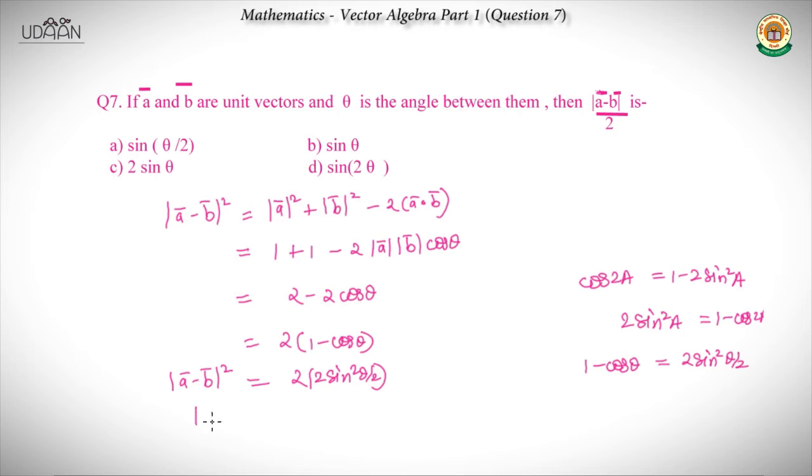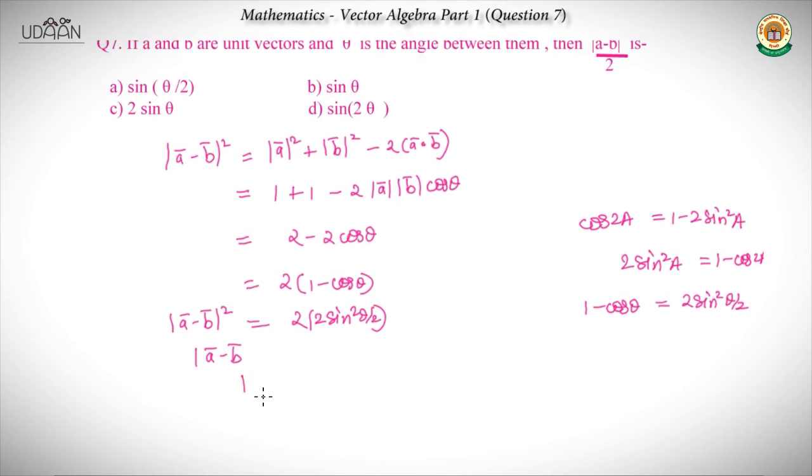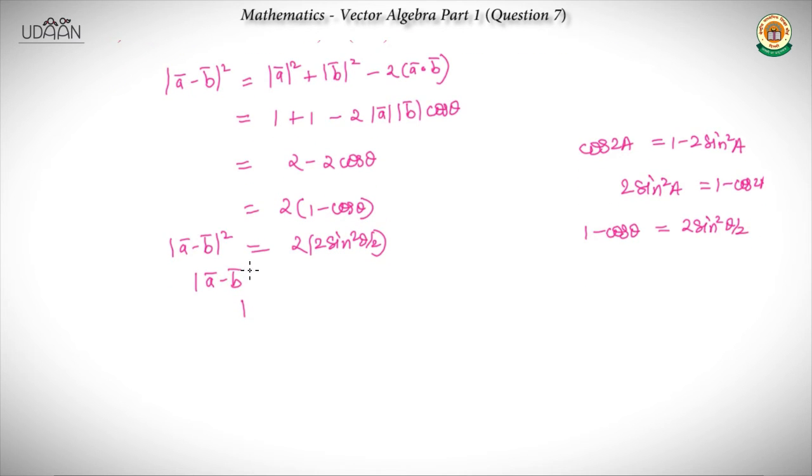Dividing by 4, it will turn out to be sin square theta by 2. Taking square root on both the sides, we get mod of a bar minus b bar by 2 is sin theta by 2. That is option A.